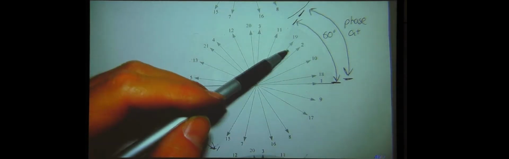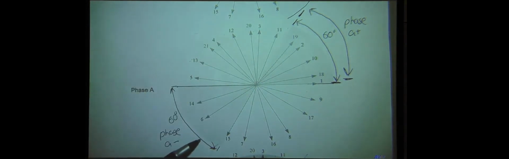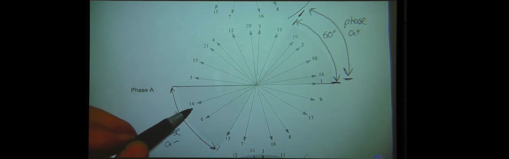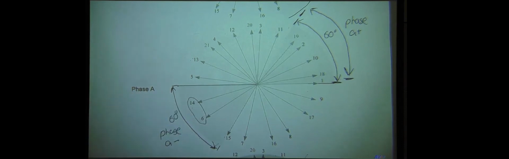That's only 5, so we need 2 more. So we go across to the other side. We can see that we have also a 14 and a 6. That would be associated with negative phase A. The 15 is sort of on the boundary. We're not using that one, as that would give us too many. So we're also going to include 6 and 14 in phase A.